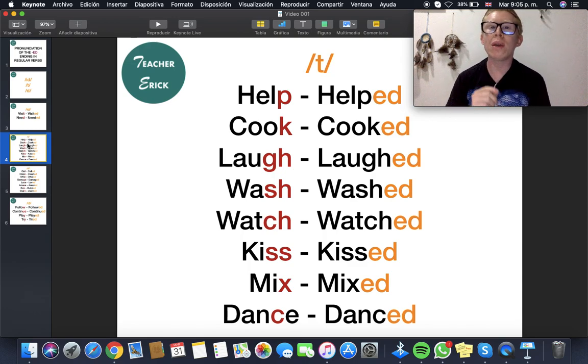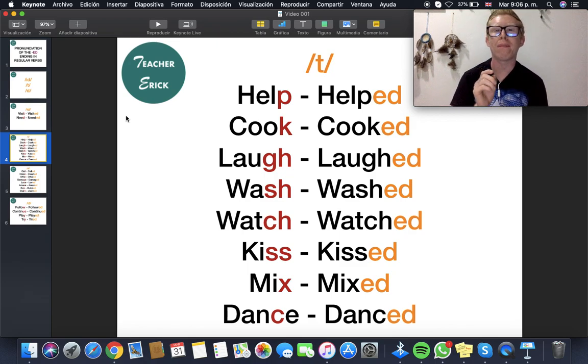Okay, we use this pronunciation when we have verbs that end in the following letters. Okay, they are marked in red. We have the letters P, K, GH, SH, CH, double S, X, or C. In the last one, I know the last letter is the letter E, but this E is not pronounced in this word.